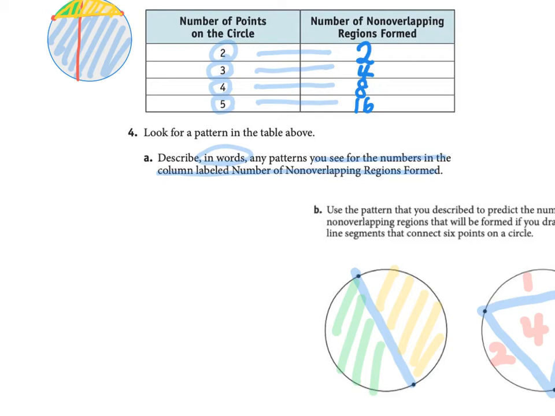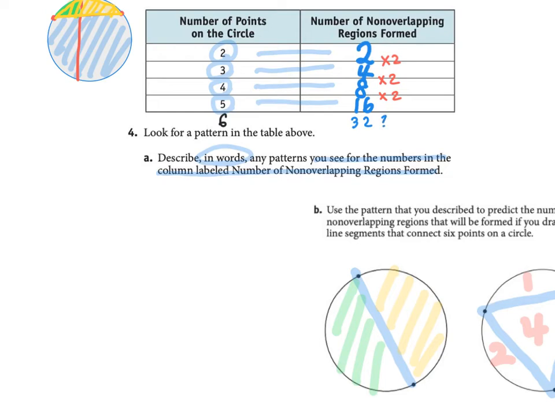So it was multiplied by 2 each time. So it doubles the regions. Is it really a pattern? If so, can you guess the next one? If it has 6 points, what's it going to be? 32, right?